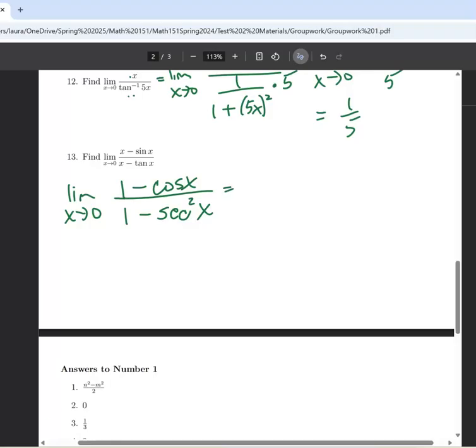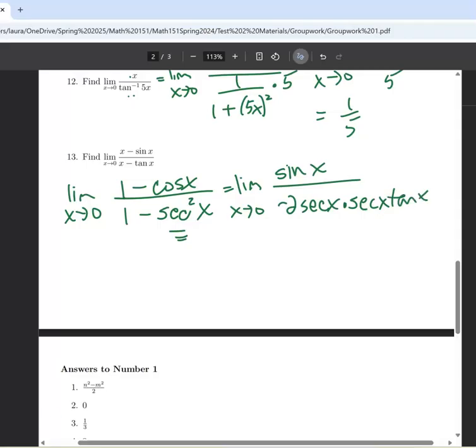I end up getting 0 over 0. So I get to do L'Hopital again. So take the derivative of negative cosine, that gives me a positive sine. Take the derivative here, make sure you're using chain rule. So -2 secant of x to the 1 power times the derivative of secant, which is secant x tangent x.